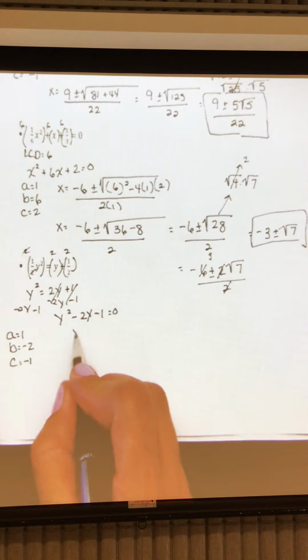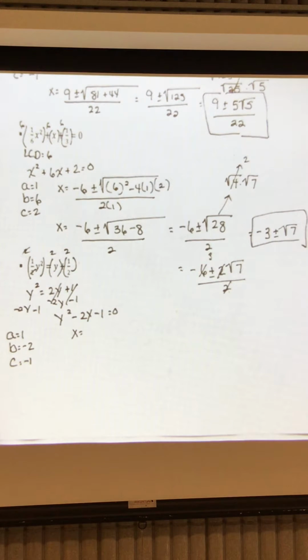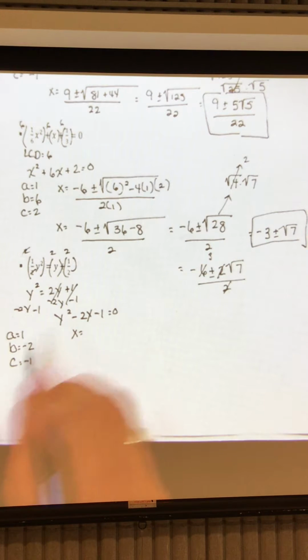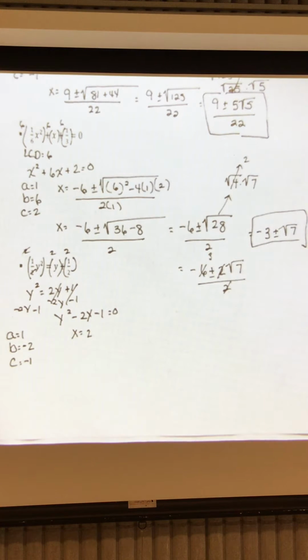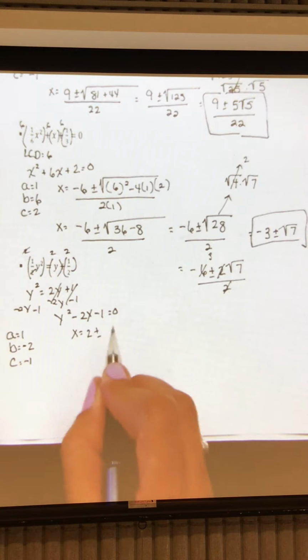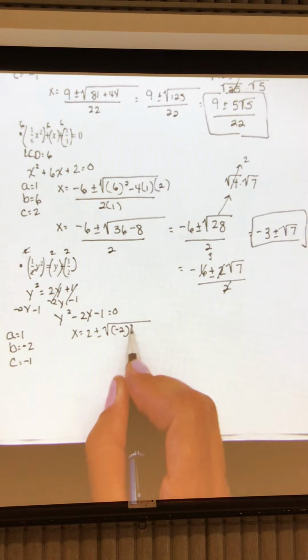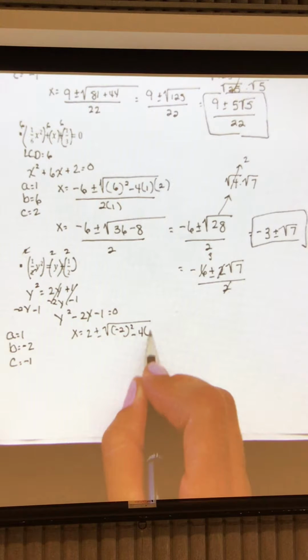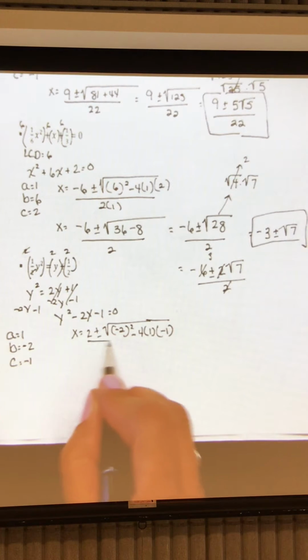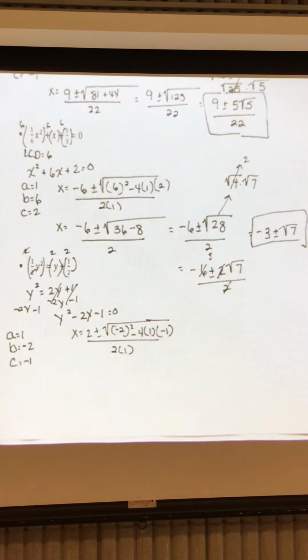So plugging this into the quadratic formula, we have negative b, again a negative times a negative becomes a positive, positive 2, plus or minus square root of negative 2 squared minus 4 times a, which is 1, times c, all divided by 2 times a.